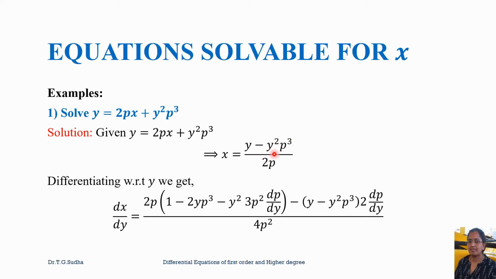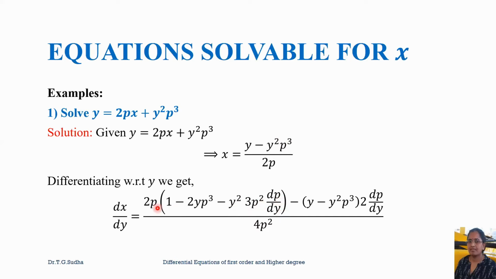So let us differentiate y square, the first function. We obtain 2y into the second function, that is p cube, minus y square, the first function, into derivative of p cube with respect to y. So we get 3p square into dp by dy.